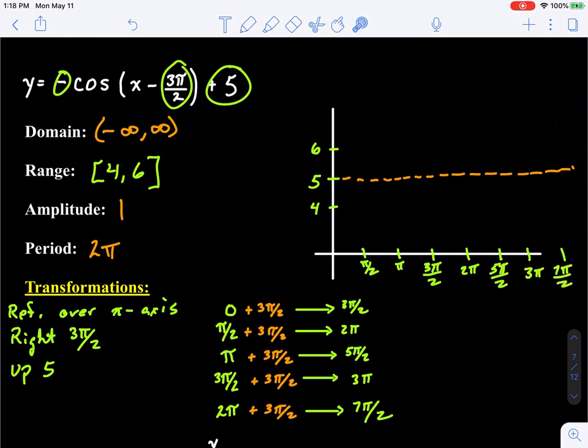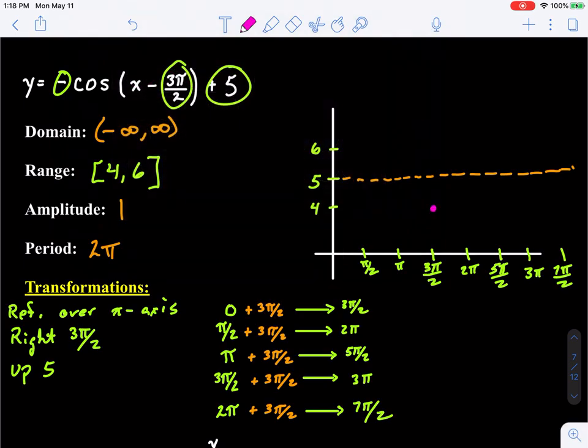As I mentioned, normally sine starts on the central axis and cosine starts at the high point. Because it is a reflection over the x-axis, we're going to start at the low point. And because our graph is shifted 3 pi over 2 to the right, our low point that we start at is going to be over here.